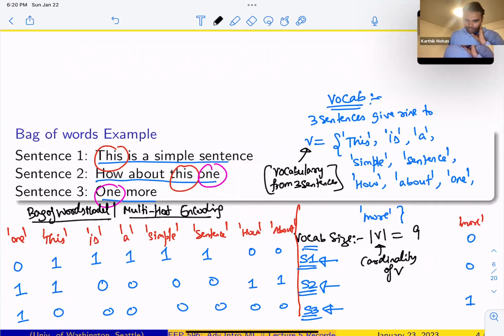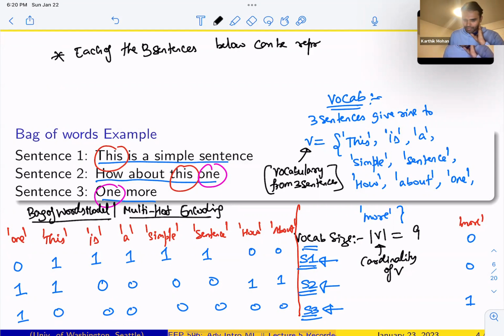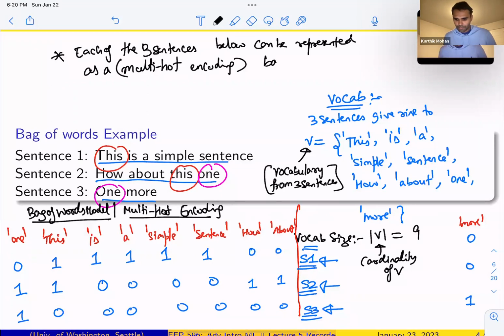Okay, so each of the 3 sentences below can be represented as a multi-hot encoding bag of words.